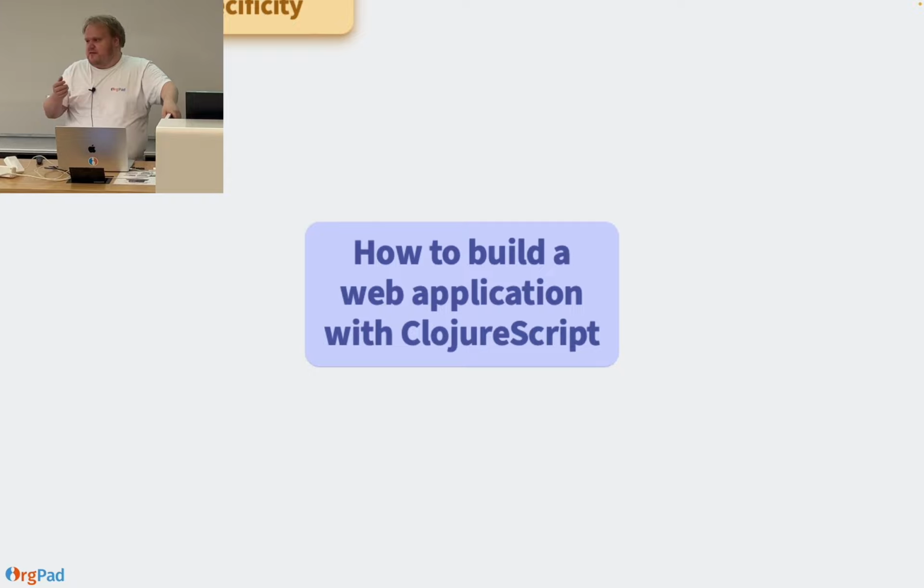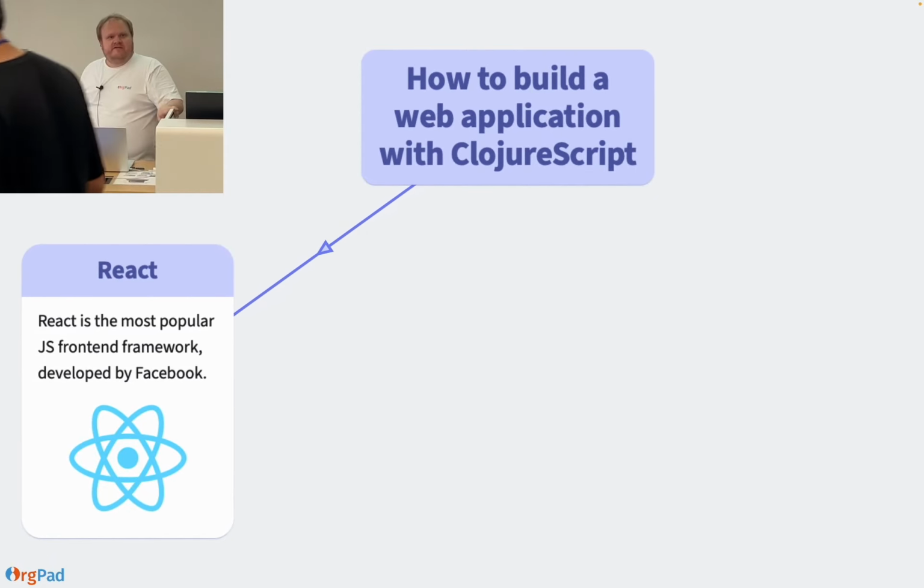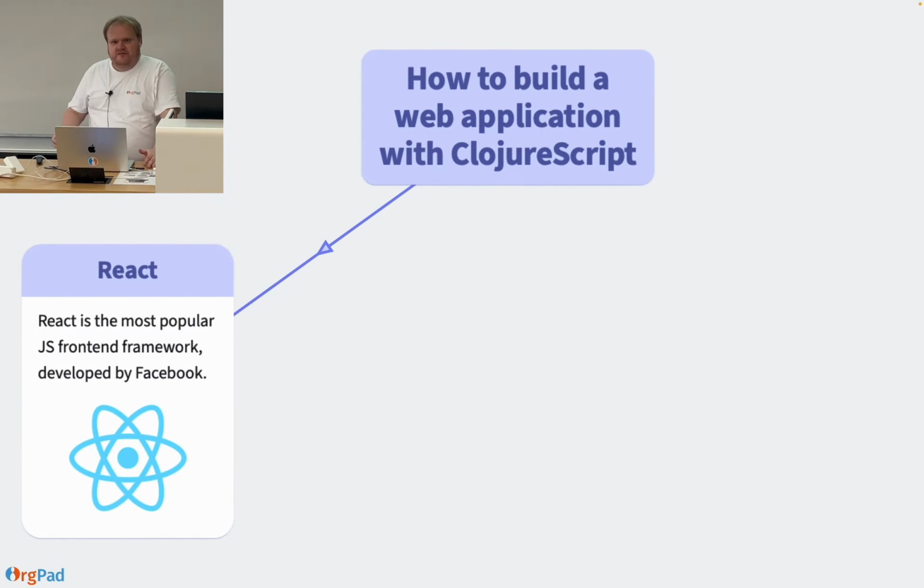So we want to build a small web application live with ClojureScript here. And we will be leveraging React, which is the most famous JavaScript framework for building web applications. It's designed by Facebook, and it's used in a lot of situations. There are a lot of libraries and components built for React, so it's great.